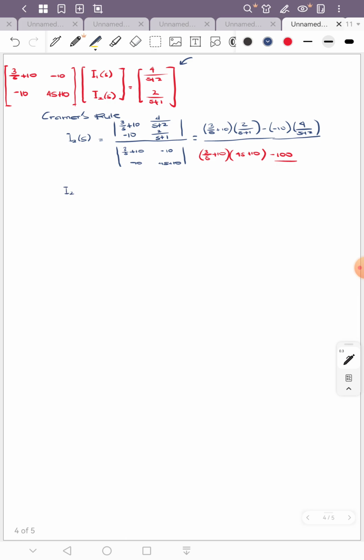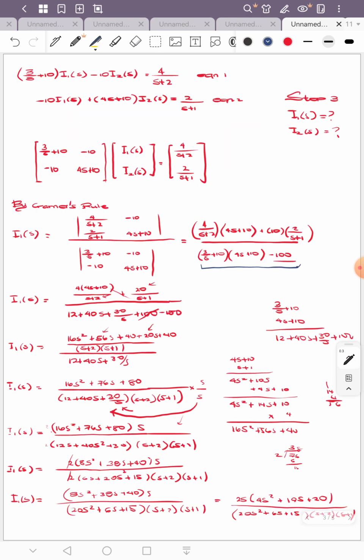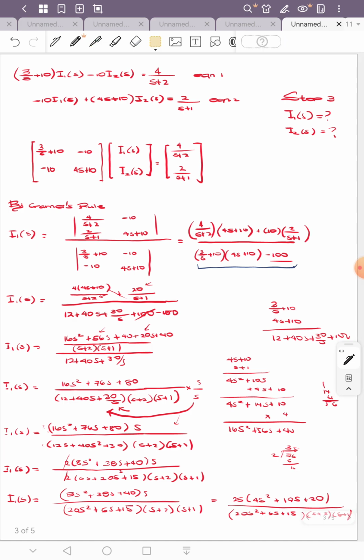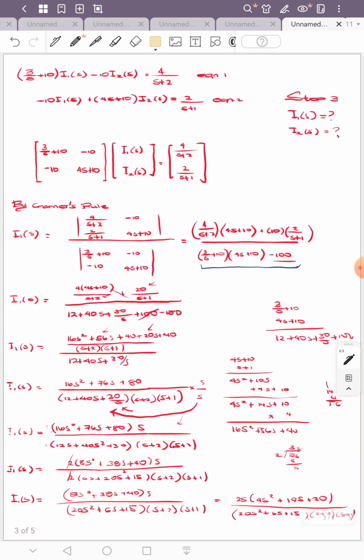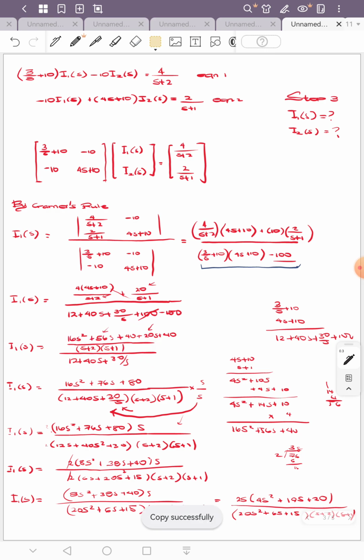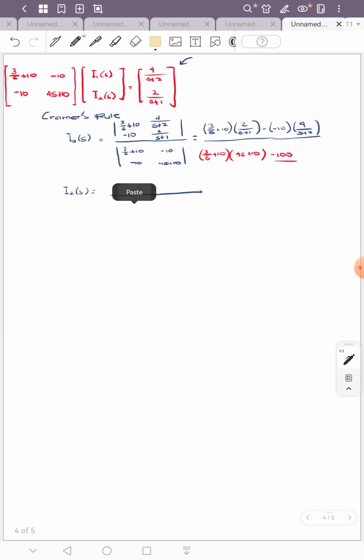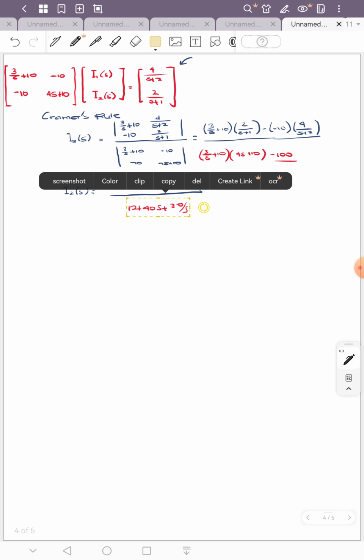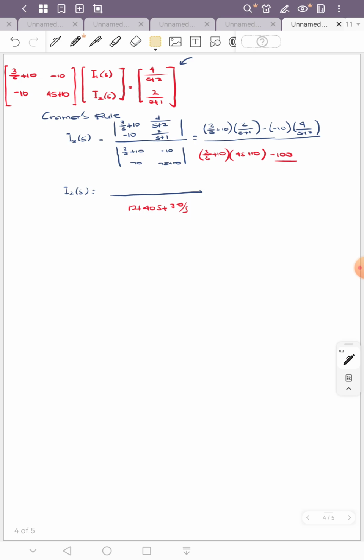So I2 of S is equal to this, the denominator. Last time we solved for the denominator, which is equal to, let us copy. And for the numerator, let's try to simplify the numerator.